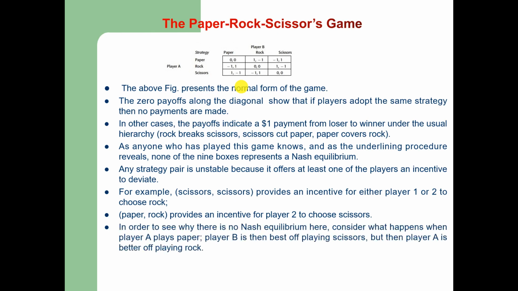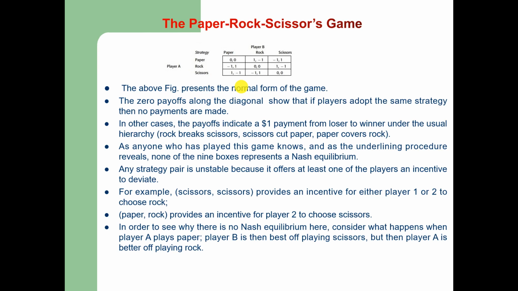In order to see why there is no Nash equilibrium here, consider what happens when player A plays paper. Player B is then best off playing scissors, but then player A is better off playing rock.